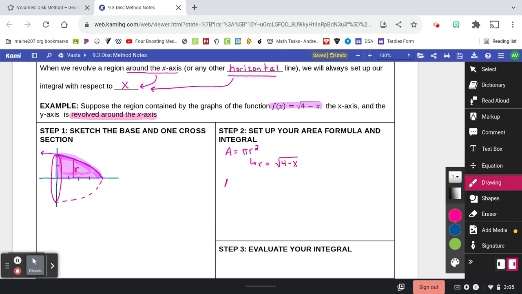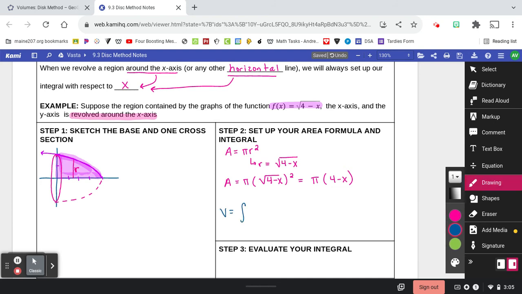Now, if I plug that in, my area formula is pi times the square root of 4 minus x, squared. And since a square root and a square are inverse operations, that cancels, and I just get pi times parentheses 4 minus x.